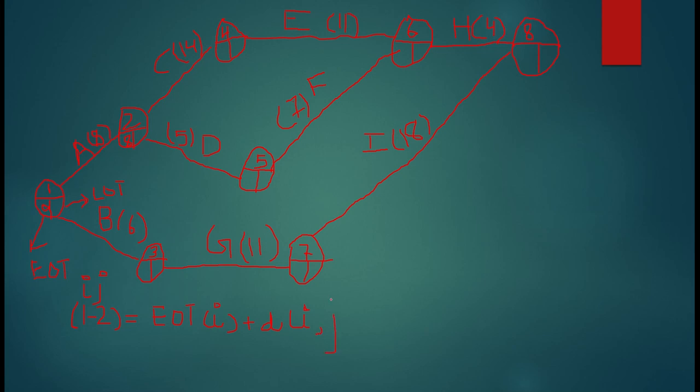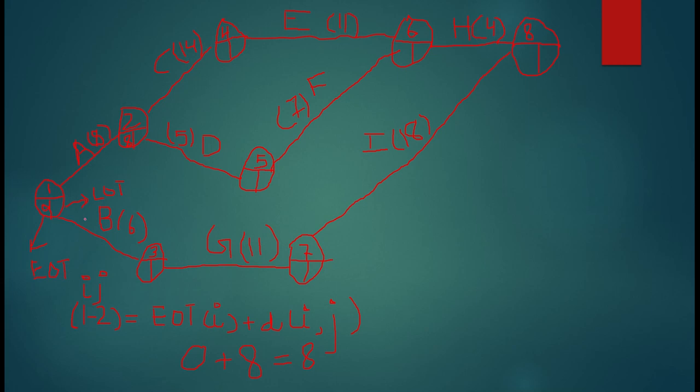The earliest occurring time of I is 0, plus the duration of 1 and 2, which is 8. So 0 plus 8 is 8. This is the formula, although you don't always have to write it, you can just solve it.